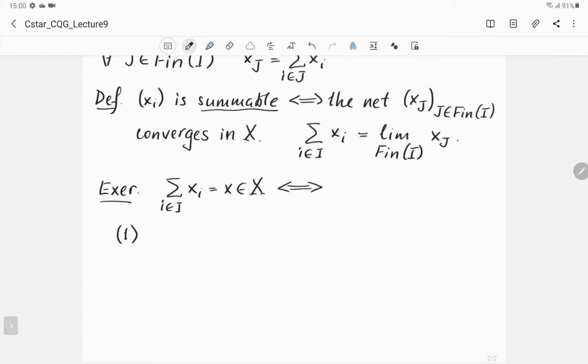Condition one is that x_i vanishes for all but countably many indices. In other words, the set I_0, which consists of all indices i for which x_i is non-zero, is at most countable.